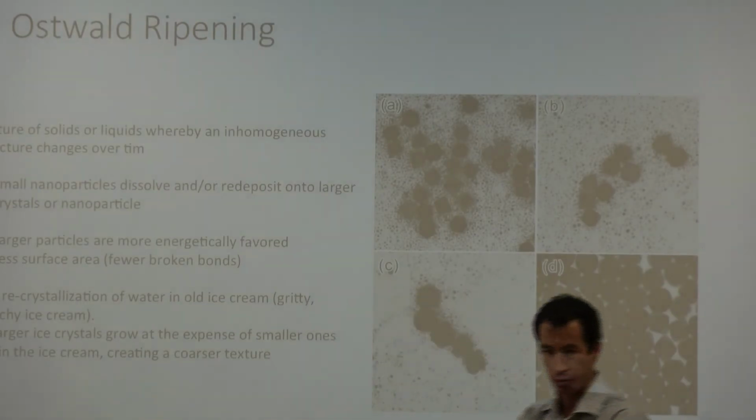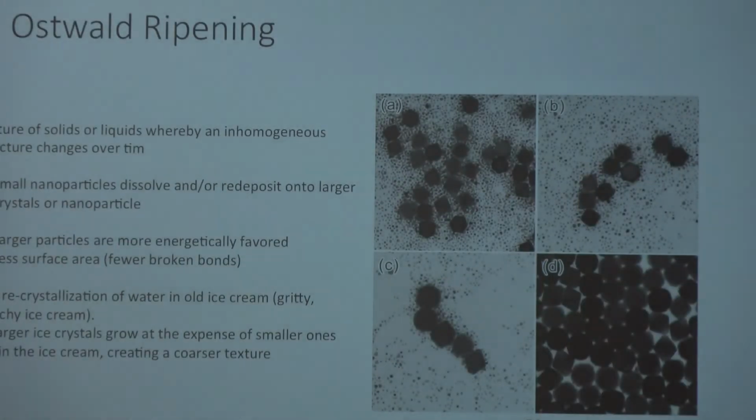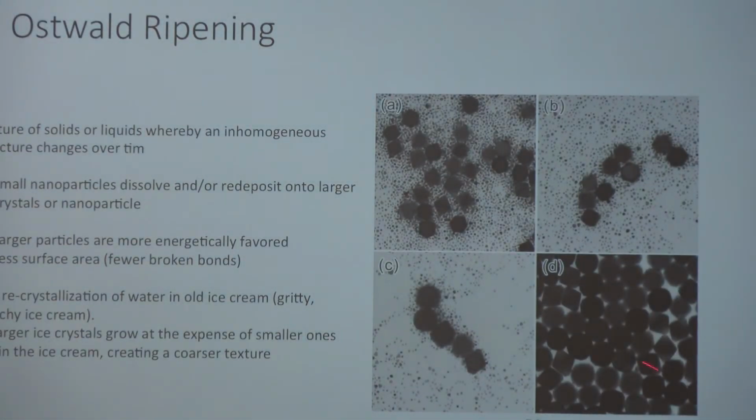Maybe I should jump to the point about why you should care. So you've seen Ostwald ripening before? Have you seen these kinds of images before? What nanoparticles do is that there's this tendency for big ones to grow preferentially at the expense of smaller ones.